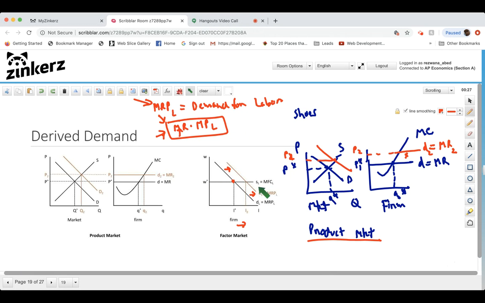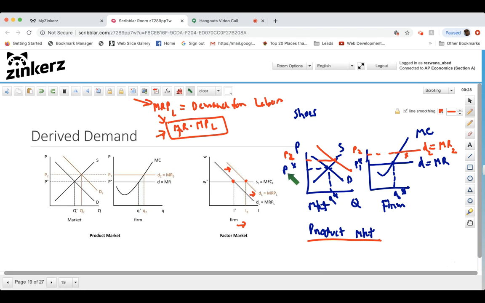At the same wages, we're just going to be hiring more workers now, because the new demand for labor is this line over here, and it intersects the marginal factor cost over here. So there is an increase in our demand for labor.